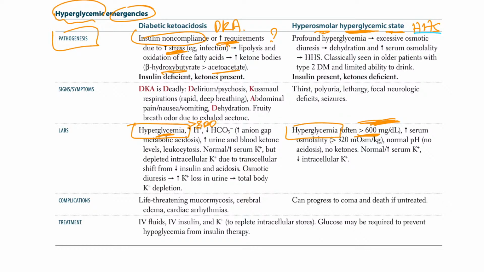With that, let's compare this with the HHS. You will have profound hyperglycemia. Again, very high yield. When you see profound hyperglycemia, you are going to think about HHS. With this hyperglycemia, let's say more than 600, this is going to cause excessive osmotic diuresis, right?